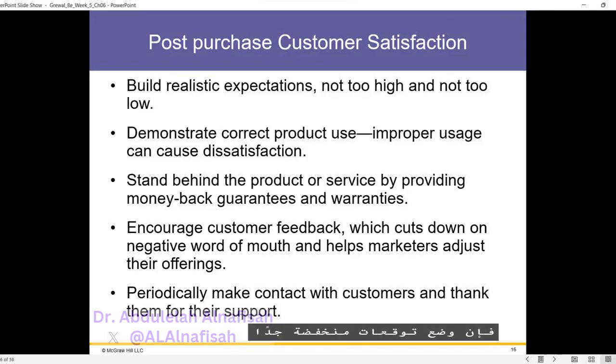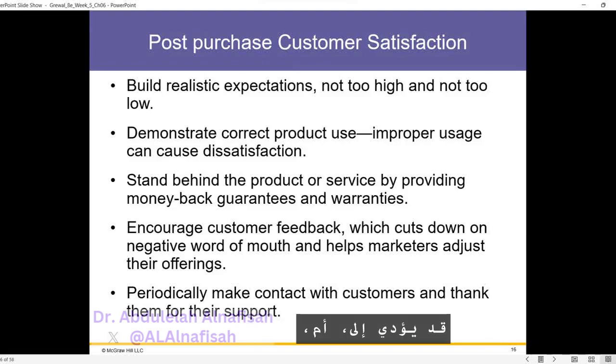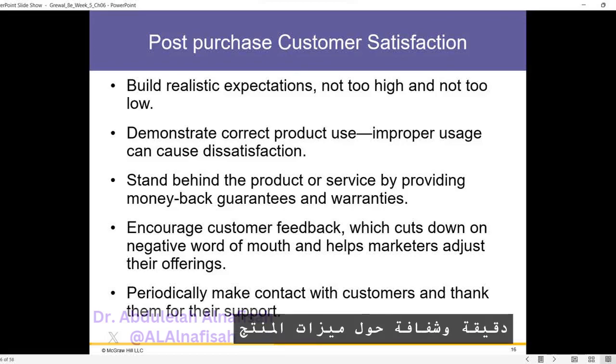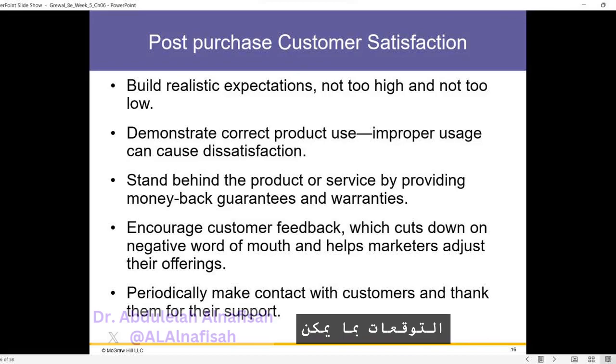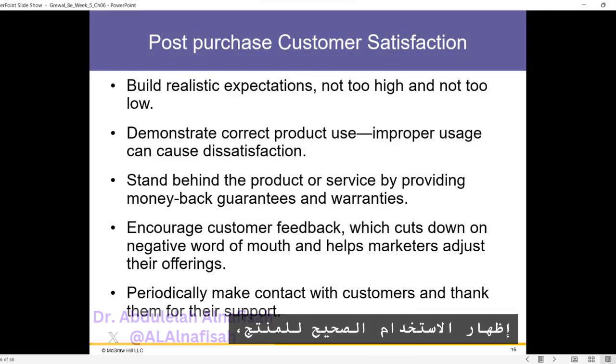On the other hand, setting expectations too low may lead to underutilization of the product's capabilities. Marketers should provide accurate and transparent information about the product's features, benefits, and limitations to align customer expectations with what the product can deliver.